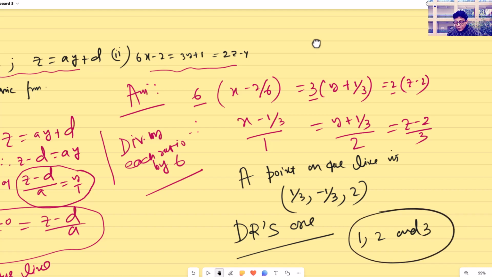Direction ratios are 1, 2 and 3. Hope you have understood. There is no problem in it. So this way you can convert any line given in any form into symmetrical form.